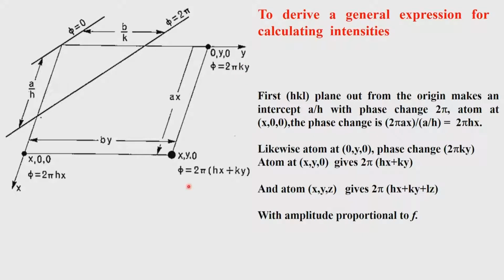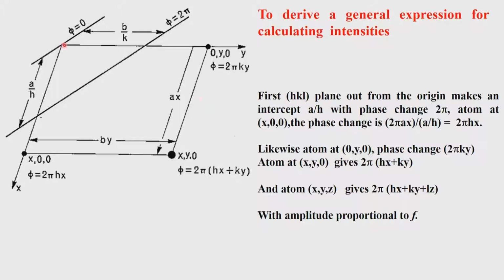Once we have the phase changes, we can always calculate the intensity that is associated with it, because an atom in a general position x y z will give rise to a phase change of 2 pi h x plus k y plus L z, and of course, the amplitude will be proportional to that of f, which is the atomic scattering factor corresponding to the scattering angle theta, about which the reciprocal lattice vector is located. So, what is important here is the location of the reciprocal lattice point.